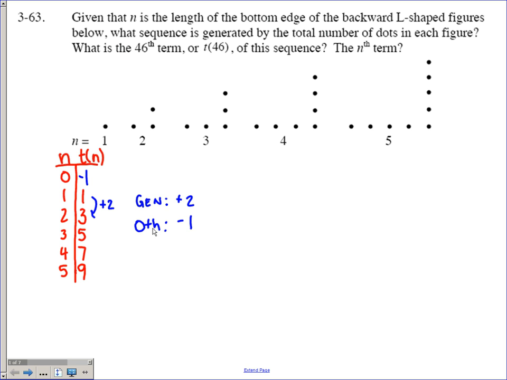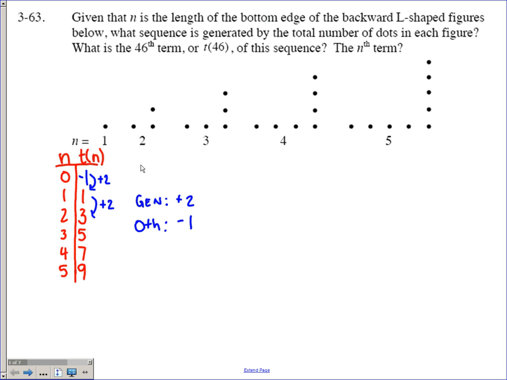Using what we know about arithmetic sequences, we start at -1, and to get to our first term, we had to add 2 one time. To get from -1 to 3, we had to add 2, and then add 2 again, so we've added 2 two times. To get to our third term, we start with -1, add 2, and add 2 again, so we've added 2 three times.